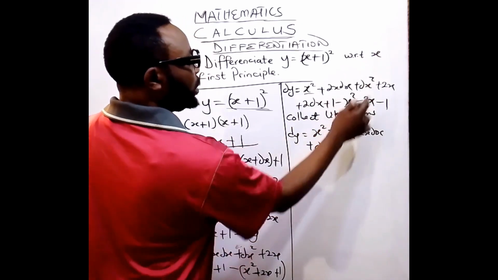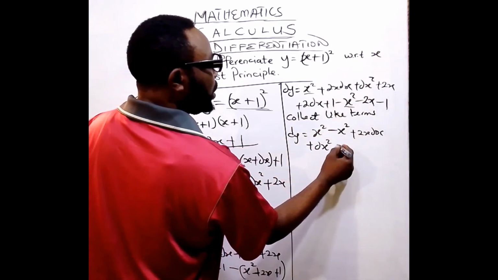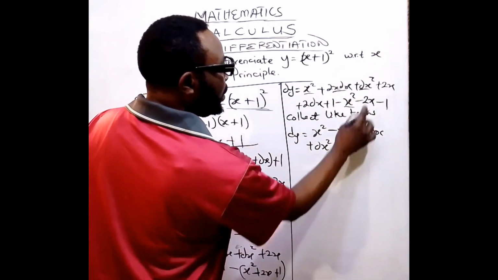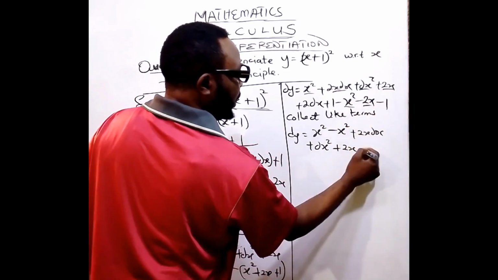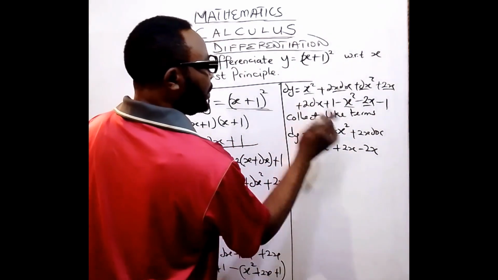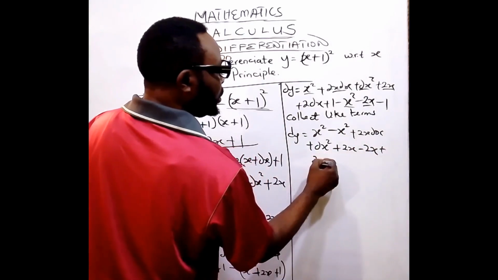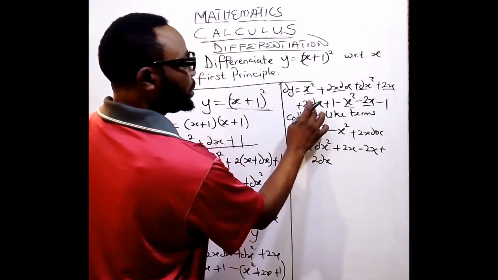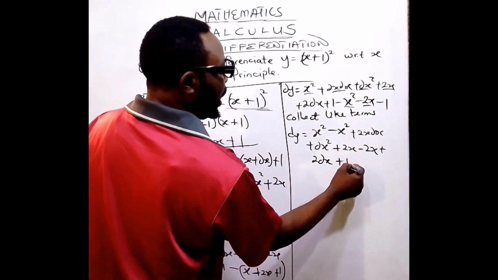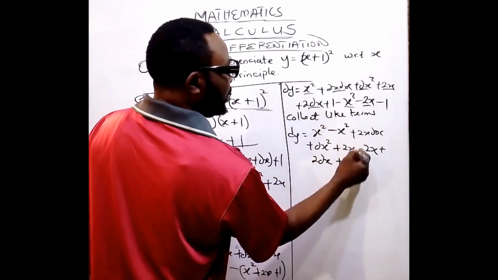No. Plus 2x. We have another term like 2x minus 2x. What do I have there again? Plus 2dx. We don't have any other term like that. Then plus 1 minus 1.